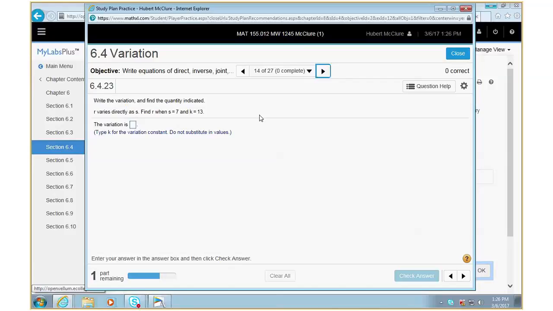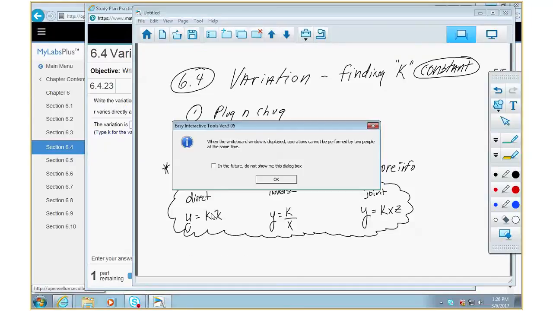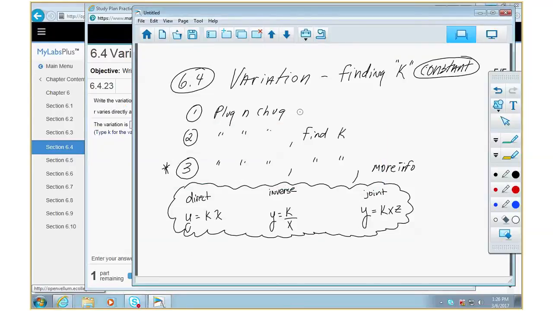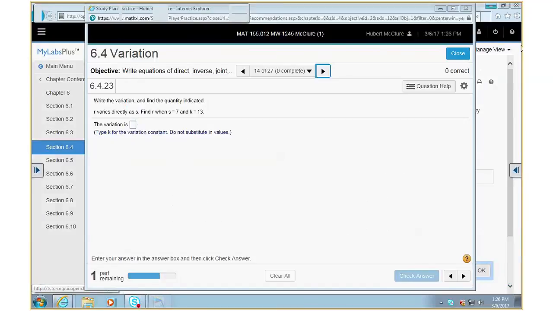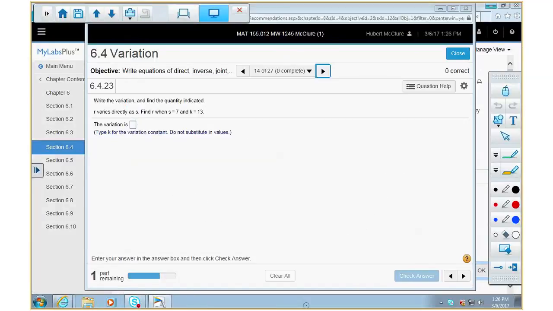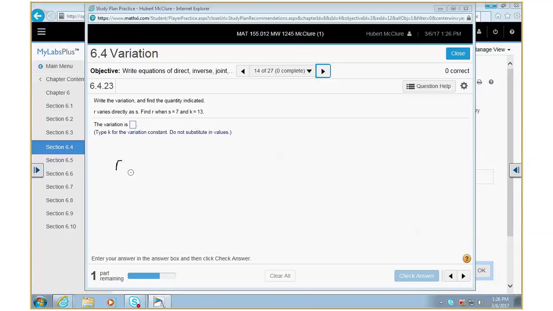So this is what you do. You write the problem. R varies directly as S. You don't have to write this, you just kind of mentally do it.